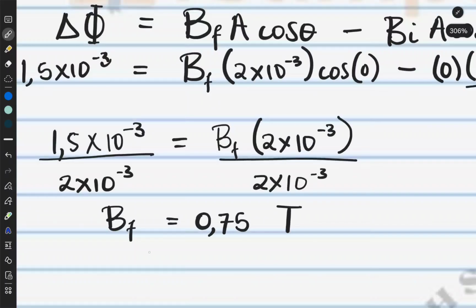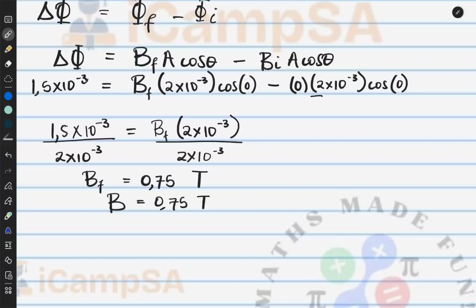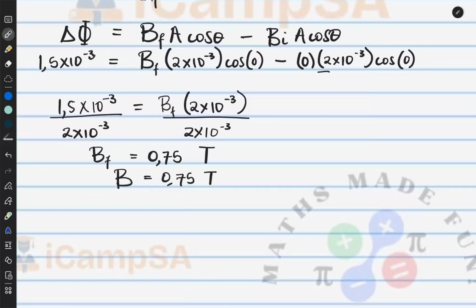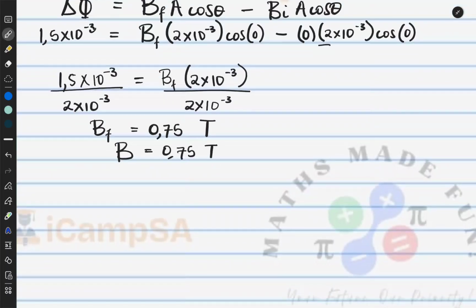You'll find that some people will just leave it as B is 0.75. Right. So in another way that you would have done it is you would just assume that this thing is in a uniform field. So it doesn't matter at which point the solenoid is at, as long as it's inside the field, our change in magnetic flux will be the same, right? And therefore B will just be a constant value. And then you'll have times A times cos theta, like this.